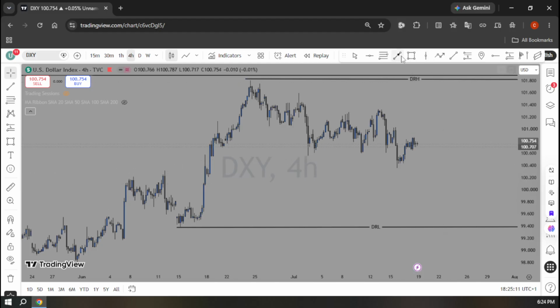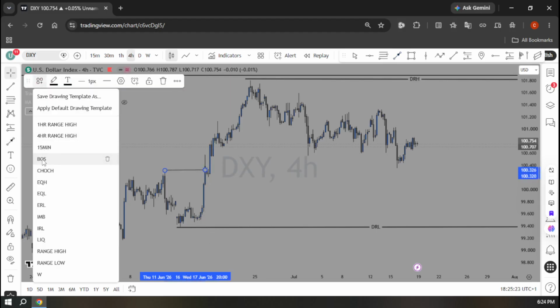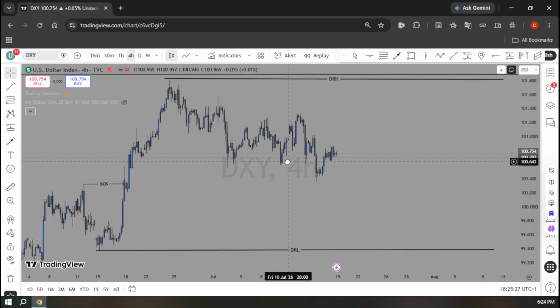On this one, we have a break of structure right here. This is a break of structure, and it led all the way to this high. So how am I going to get the equilibrium inside this range?